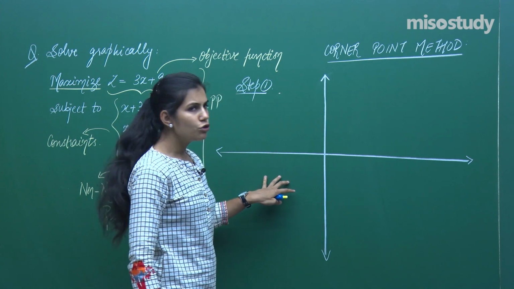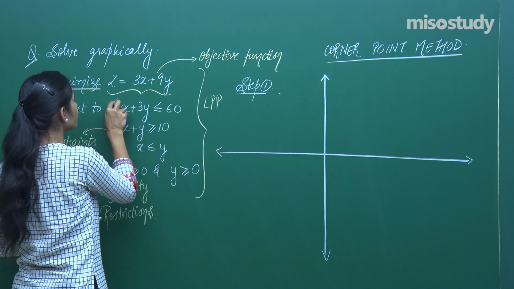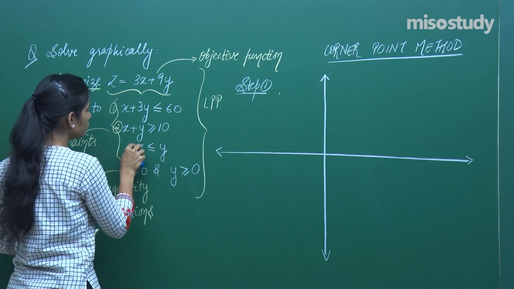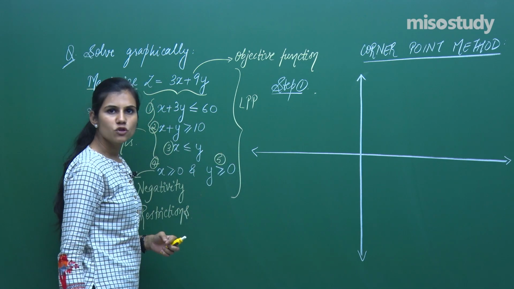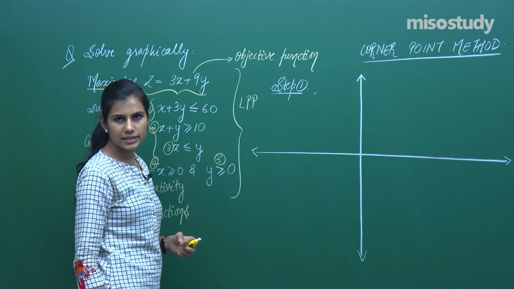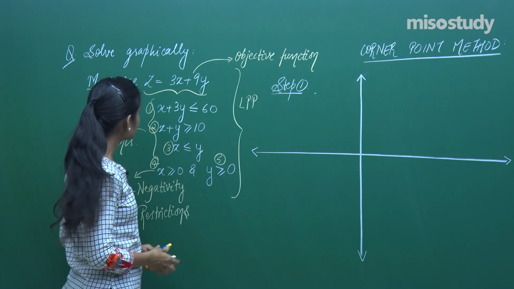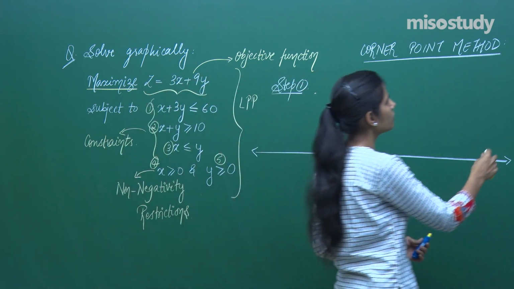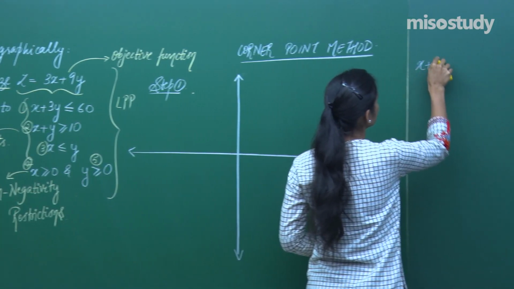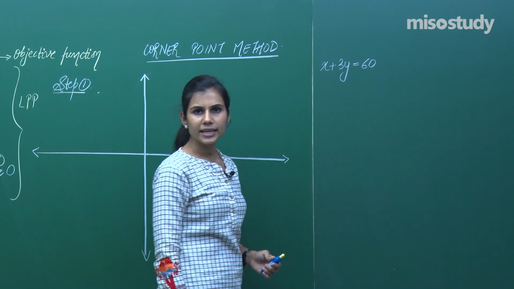Now, how do you obtain the feasible region? You have the first constraint. Let's just see how many constraints we need to plot: 1, 2, 3, 4 and 5. So, 5 equations we have to consider from these 5 inequations and then plot them. x plus 3y equal to 60 will be the first equation you will be considering. This is a straight line.